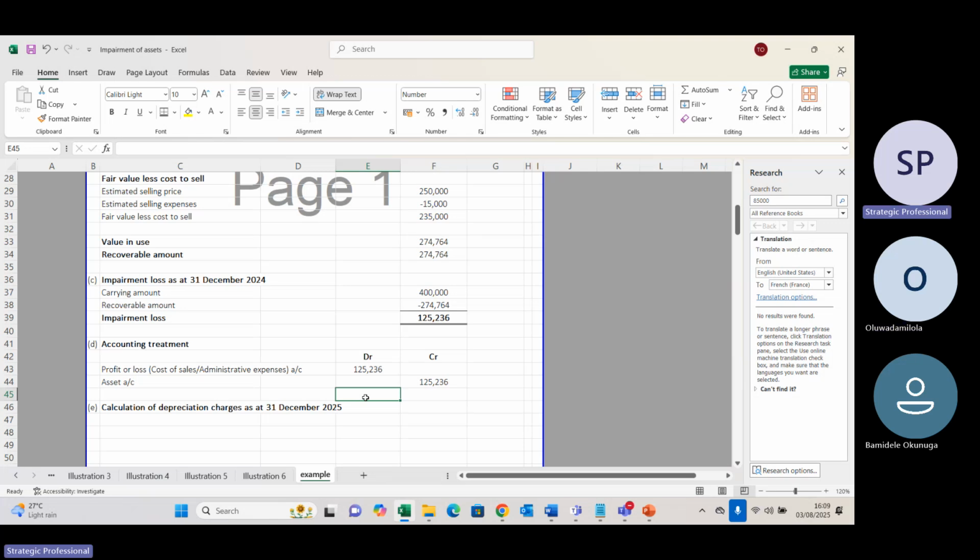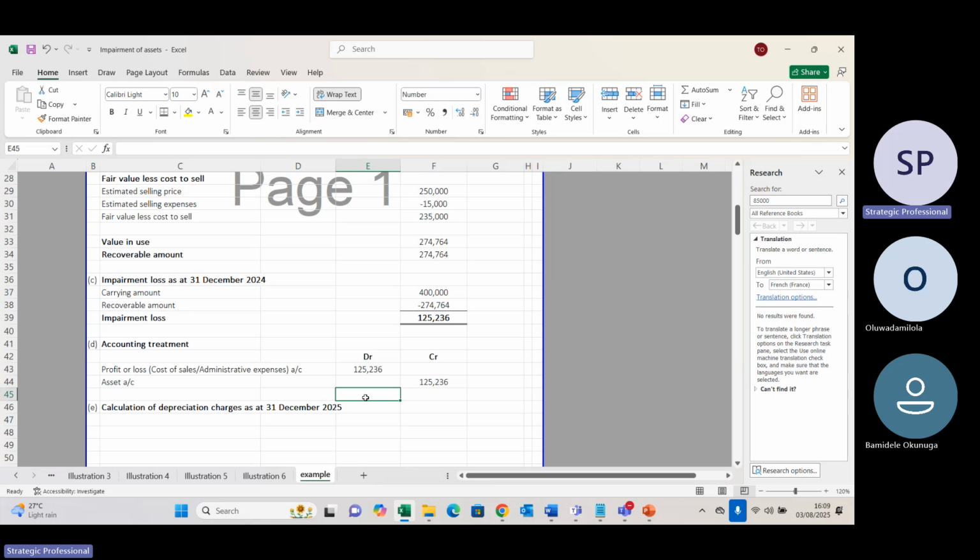You are already misleading the users of accounting information. Because your financial statement must be faithfully represented. Whatever you are putting there must be free from error, must not be biased, must be true, must show a true and fair view. In order for you to know that the financial statement is showing the true and fair view, you must carry out that impairment.